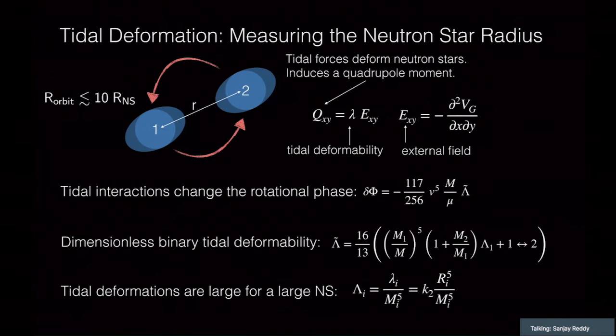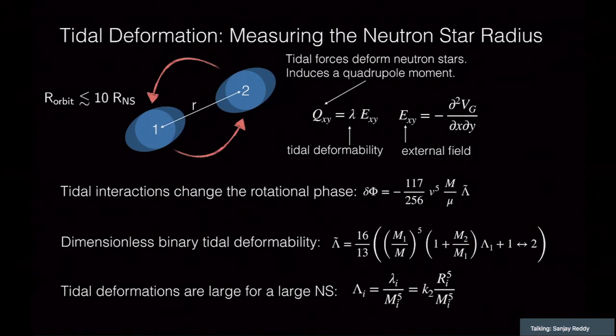Now, the important observation is that the tidal deformability is a very strong function of the neutron star radius. So the bigger the neutron star is, the larger is its tidal deformability. This dimensionless measure of the tidal deformability, capital lambda, is related to small lambda, which is a dimensionful measure that appeared in the equation above, divided by mass to the fifth power.